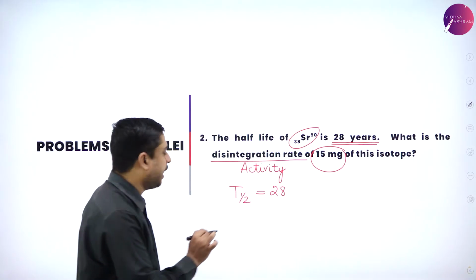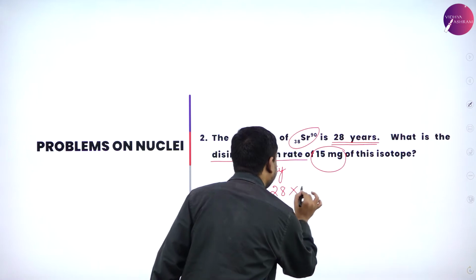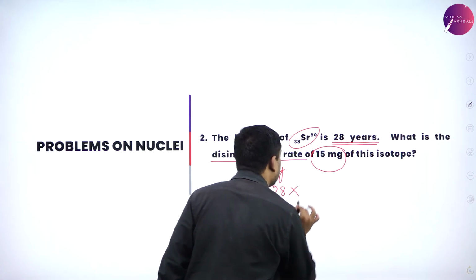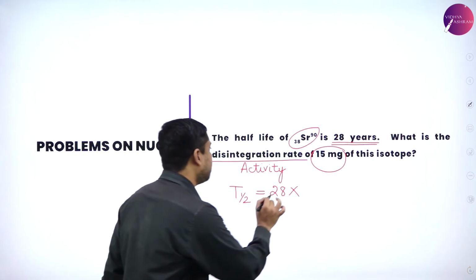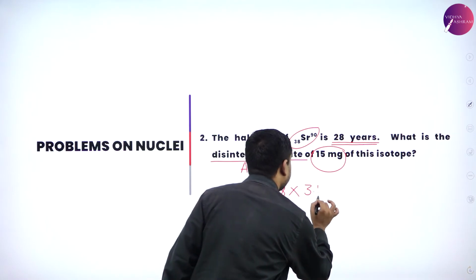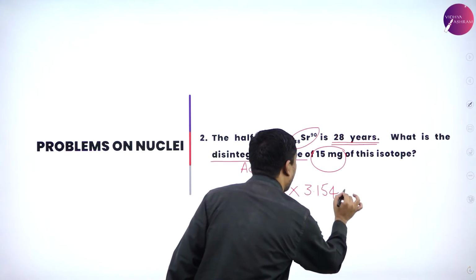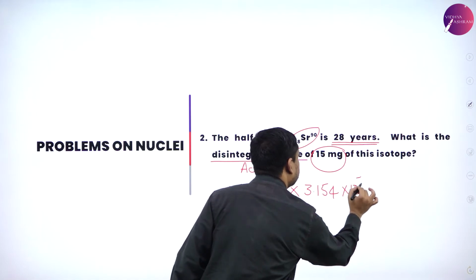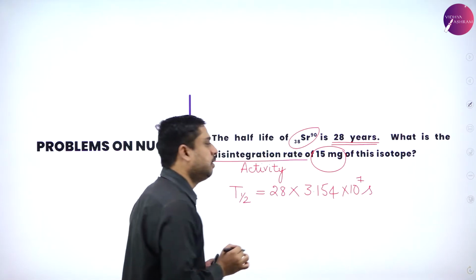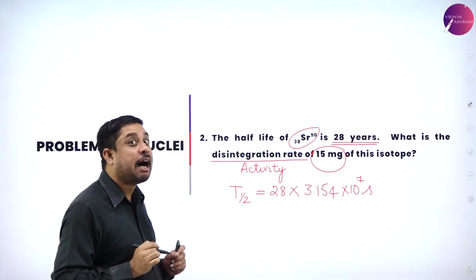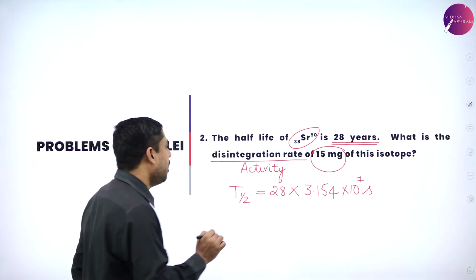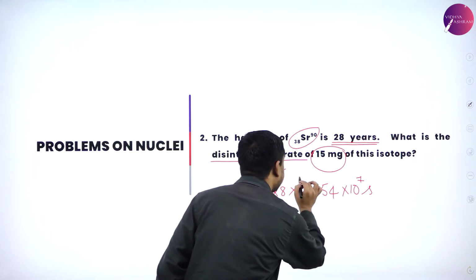So this becomes 28 into 3.154. A very important conversion factor here. Always remember this.